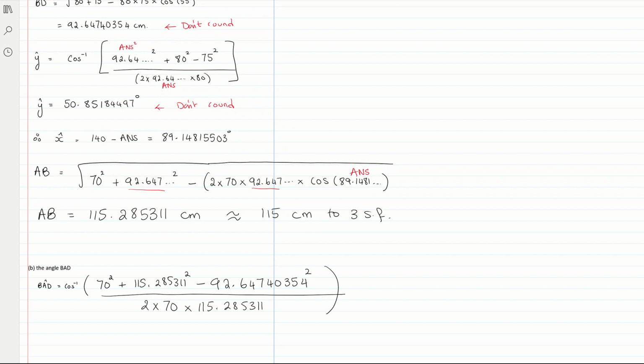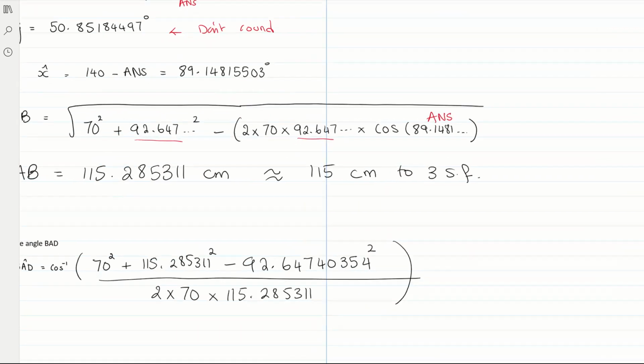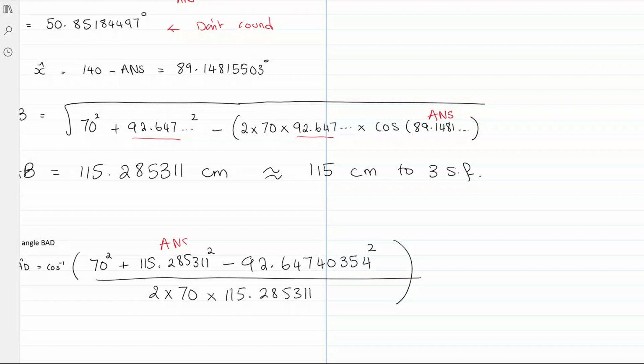Because my calculator still has 115, I can use the answer button here, answer squared, and I can use the answer button there.